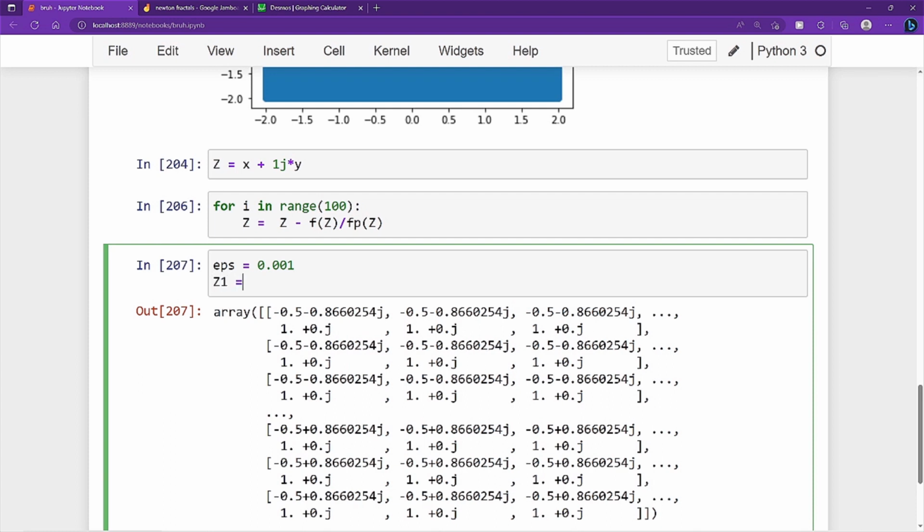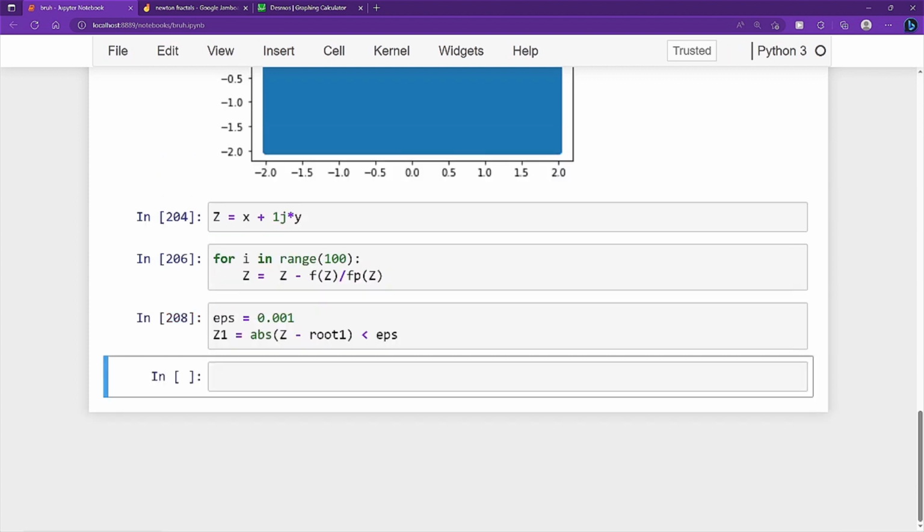So Z1 is basically going to be a truth array, if that's what you want to call it. So we're going to take absolute value of Z minus root 1. And we're going to see if that value is less than epsilon. Because these are approximate roots and they're not exactly going to be equal to 0.